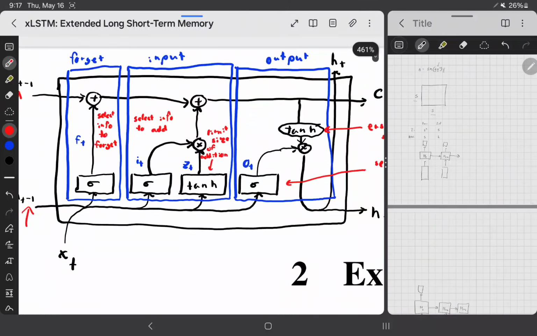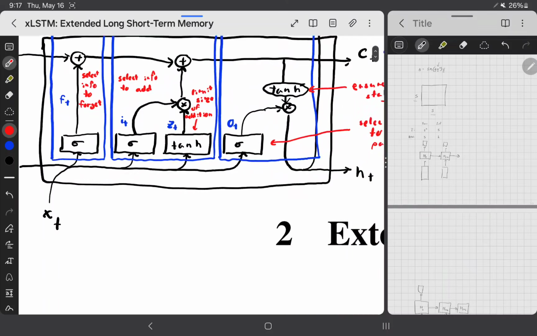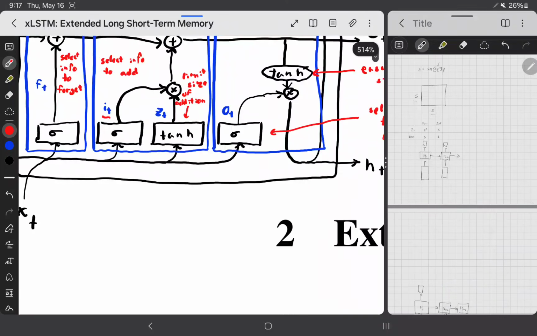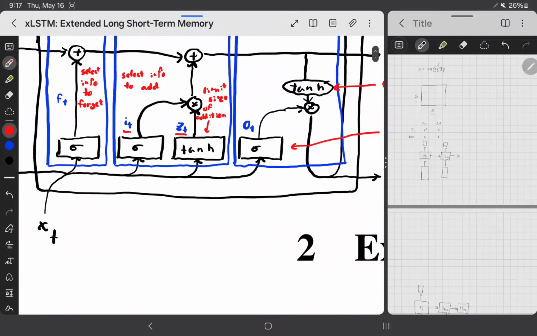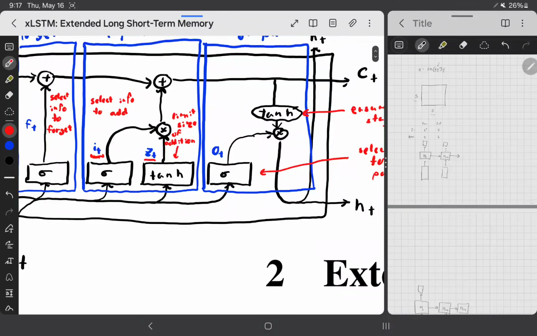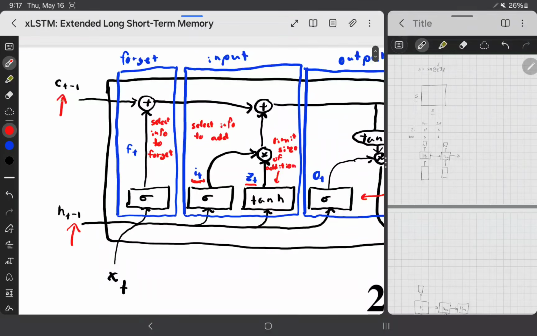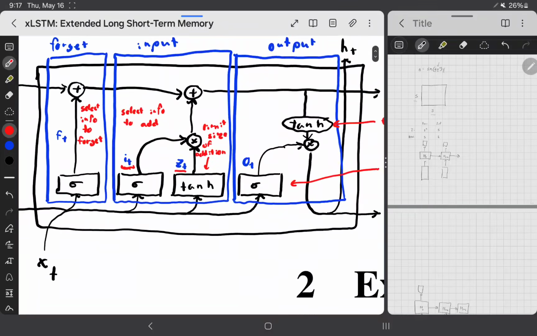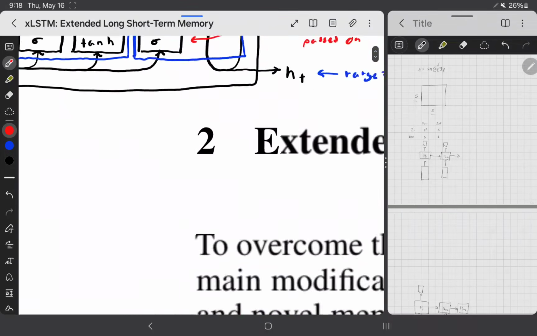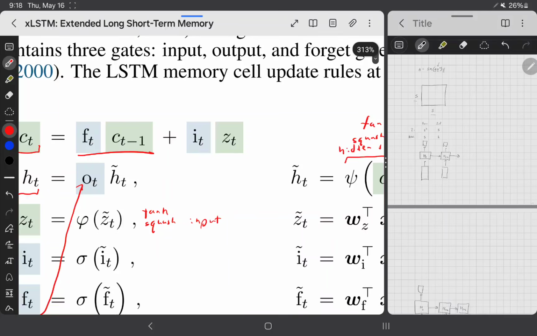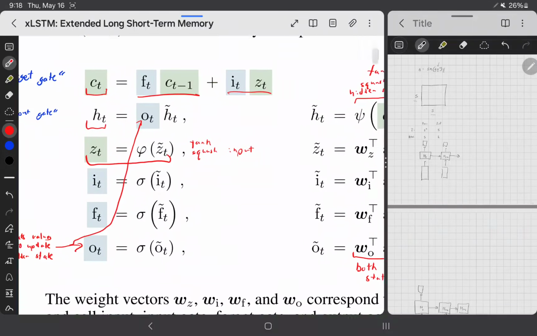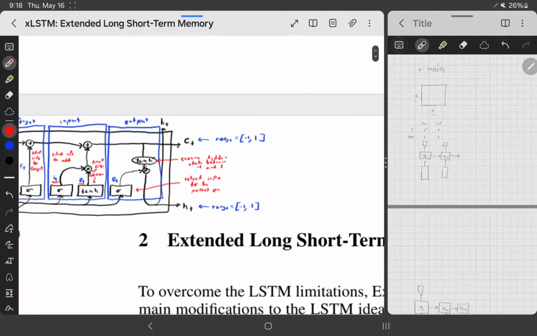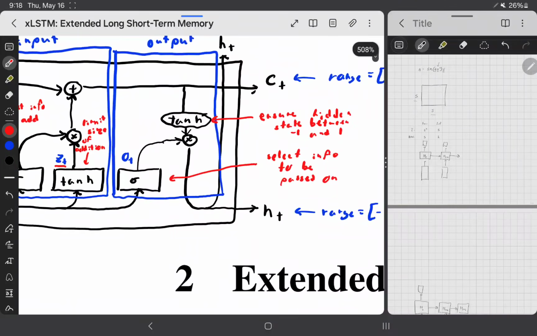The next part here is saying, what new information do I want to add? So this right here is our gate, and zt here is our squashed input. So we squash the input, we then gate that, and we add it to our context here. So that is this part here, right here. So this is the squash, and this is the gate right here. And then the final part is the output.